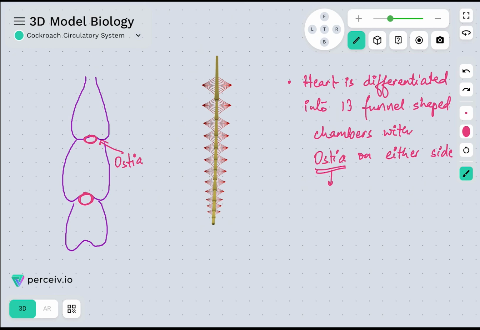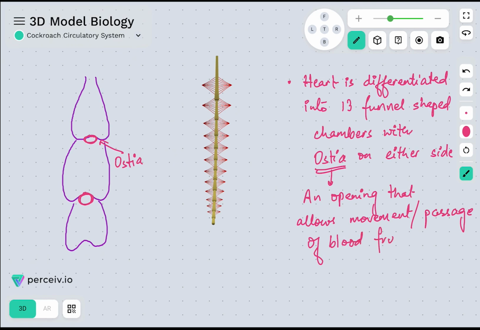So an opening that allows movement or passage of blood from one chamber to another, and thereby helping in the circulation of blood.